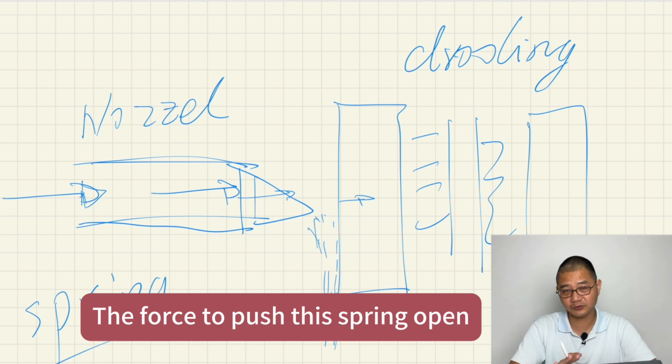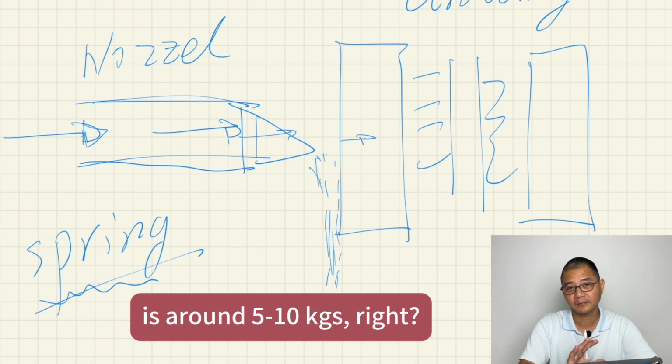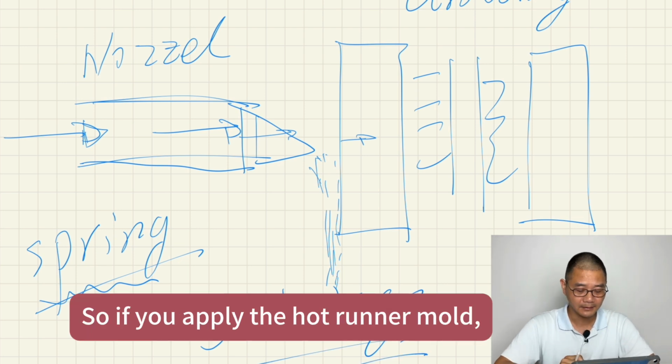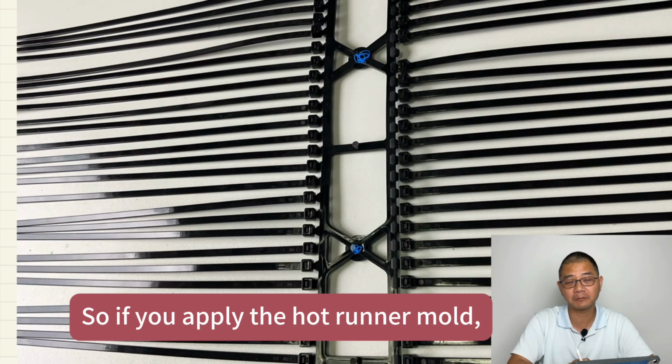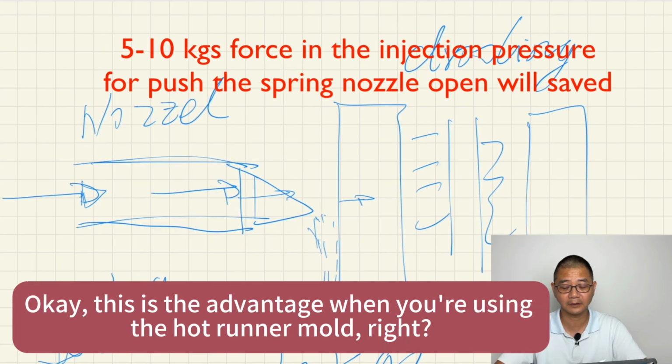The force to push this spring open is around 5 to 10 kg. So if you apply the hot runner mold, this 5 to 10 kg can be saved. Okay, this is the advantage when you are using the hot runner mold, right?